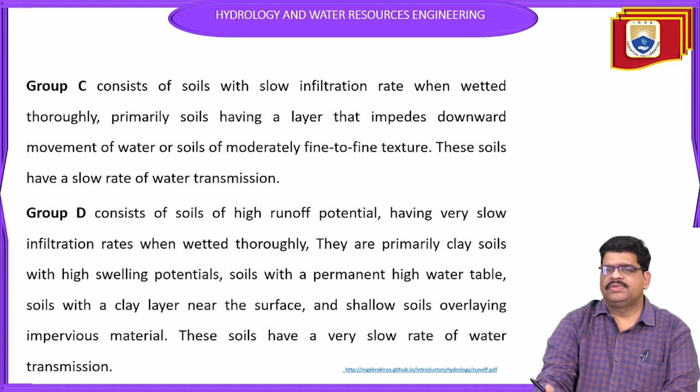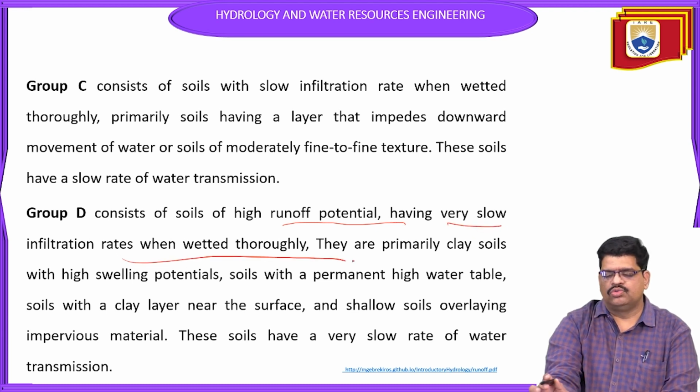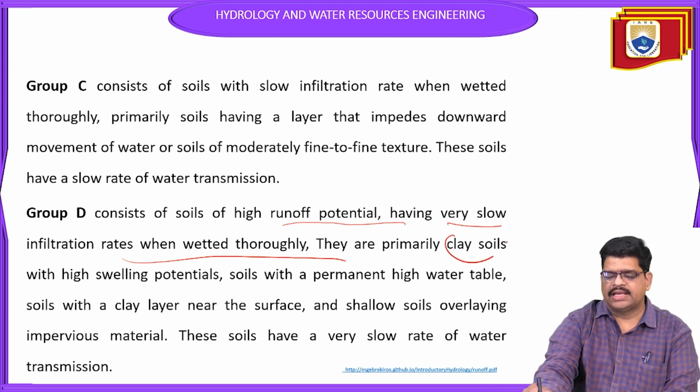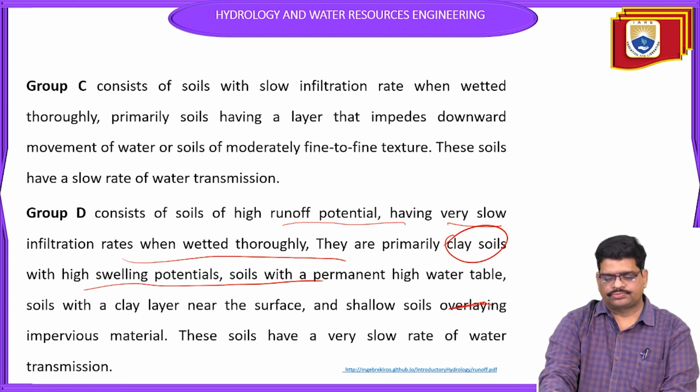In group D soil, what happens? High runoff potential, with a very slow infiltration rate when wetted thoroughly. These are primarily clay soils; clay soils will be the best examples. They have high swelling potential at a high water table.